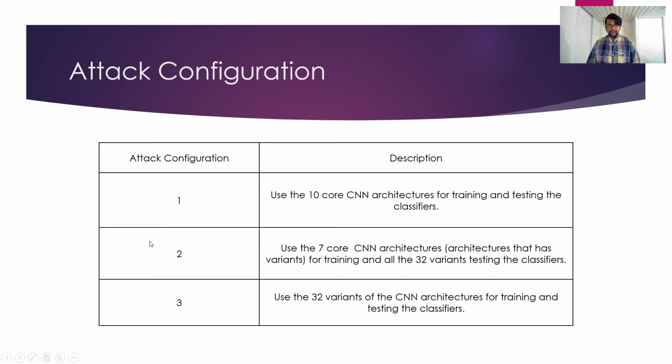That's what we explored in attack configuration 2. In attack configuration 3, we assume that the attacker has the power data for all the 32 variants, so that when the attacker gets the power data from the victim, it can just feed that to its classifier to see what variant the victim is running.